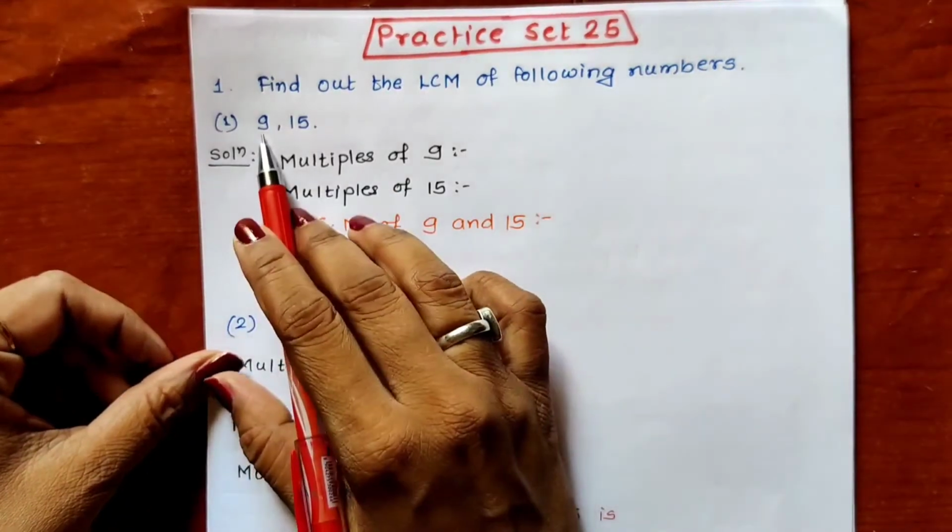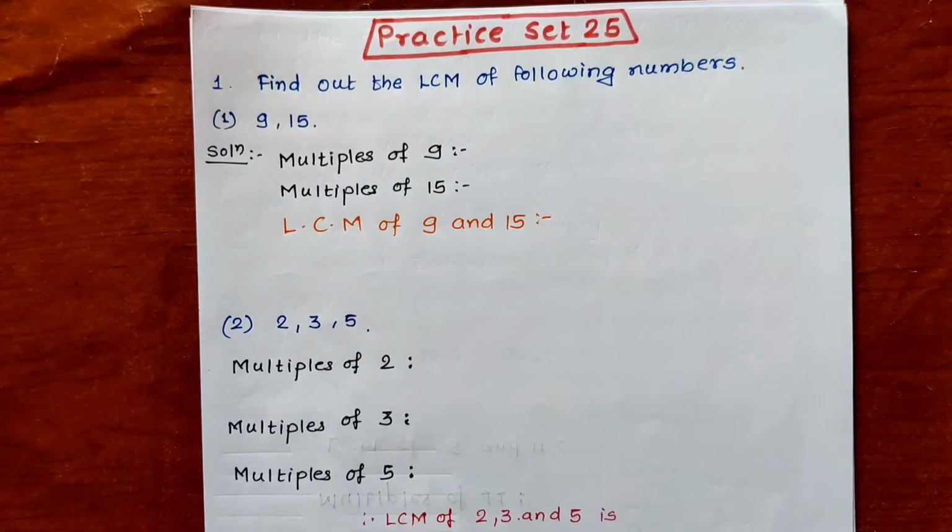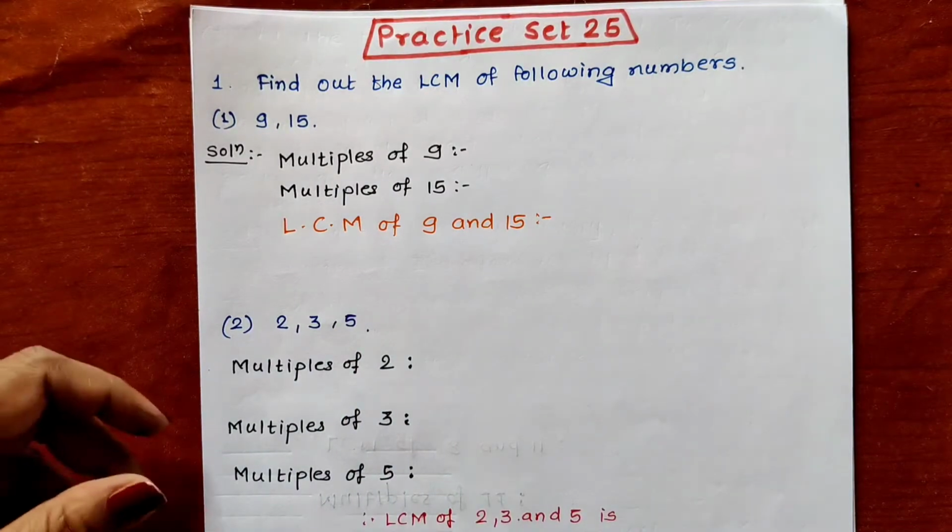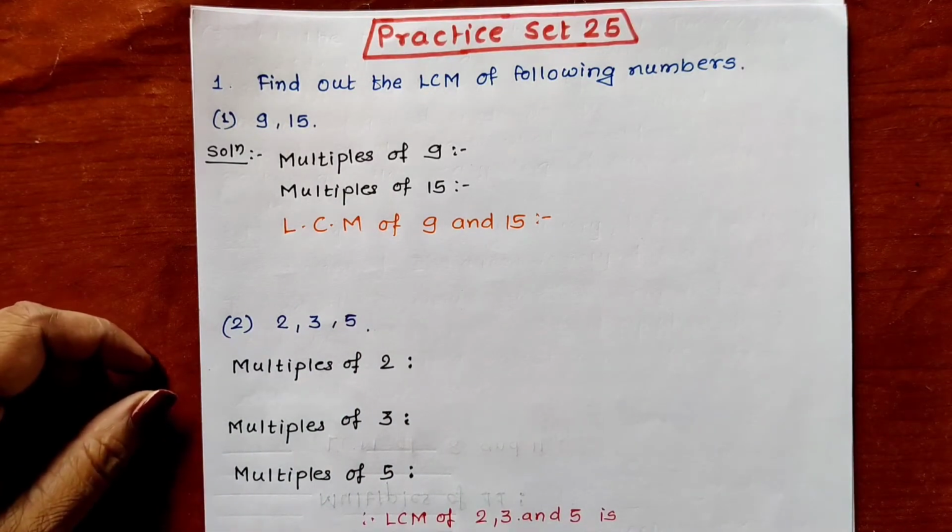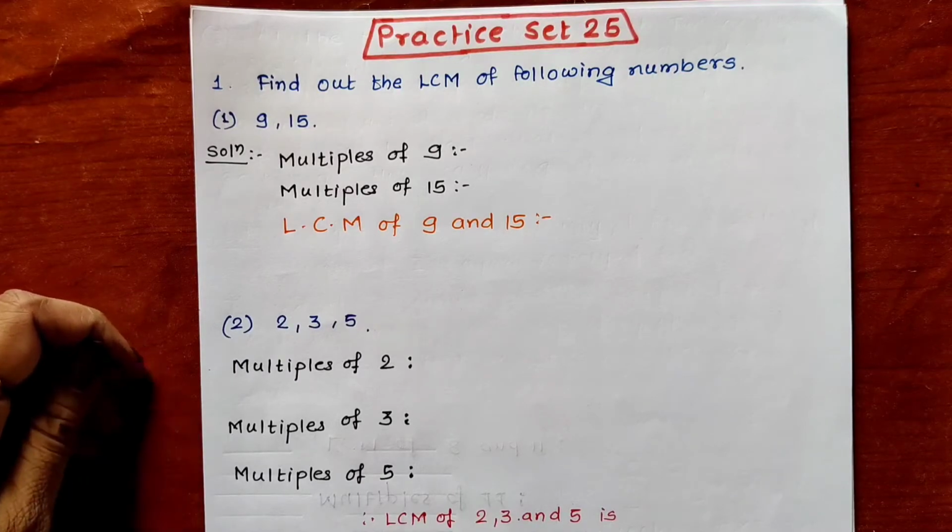So I have written the question. Now start writing the multiples. Multiples means actually we have to write the table, very easy. Sometimes we have to extend the table to find the lowest common multiple.